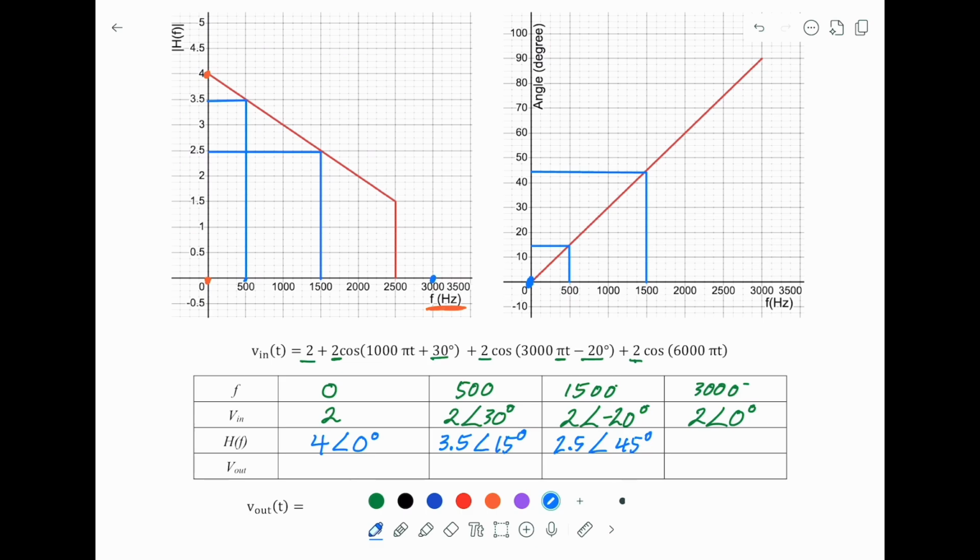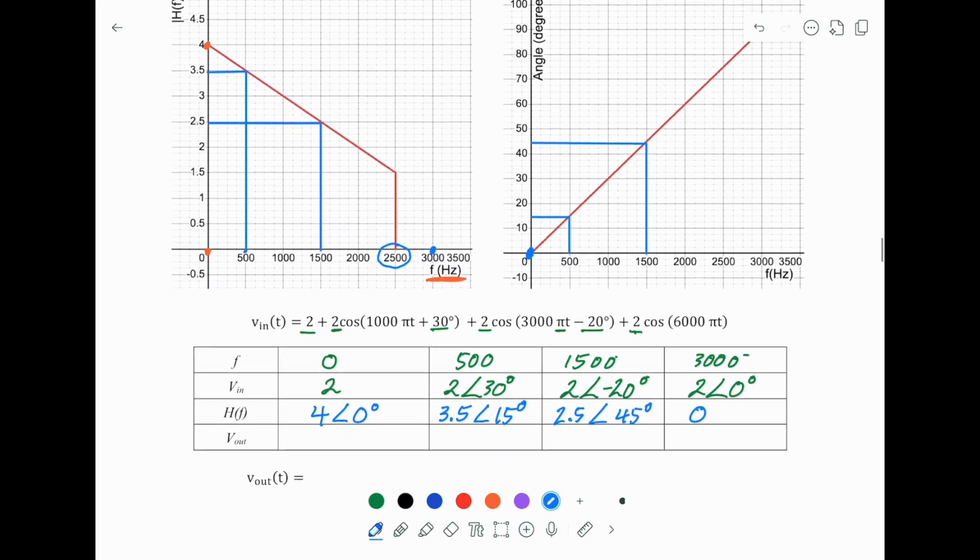You can see from this line here, after 2500 Hz, the transfer function becomes 0. It means after 2500, it cuts off. There's no more transfer. So this is 0. And the phase doesn't matter because the amplitude is already 0.